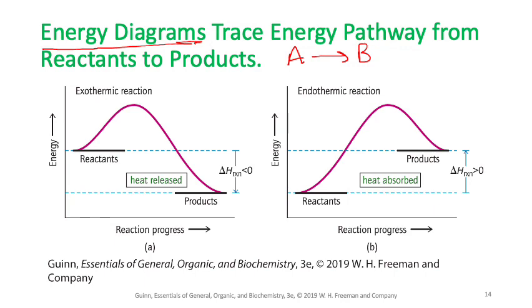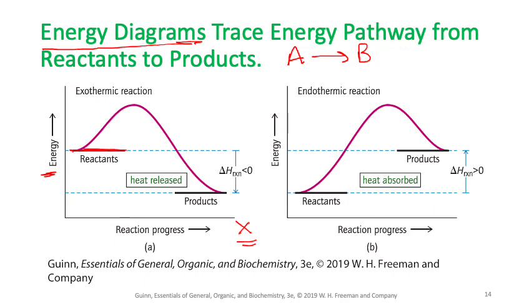If you look at the left-hand side, the y-axis normally denotes the energy, and the x-axis shows you the progression of the chemical reaction, right? Let's try to understand what this graph tells you. Let's start with a reactant.